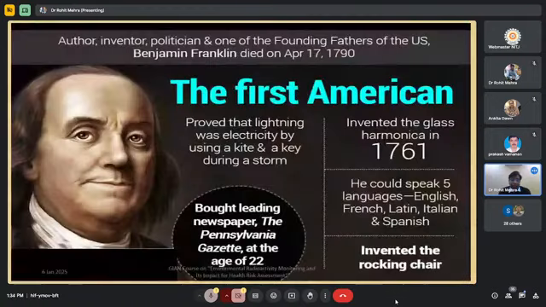So with the advent of radioactivity, this slide gives you a basic idea about Benjamin Franklin, the person who showed that lightning was electricity by the kite, and during a storm he invented the glass armonica also.